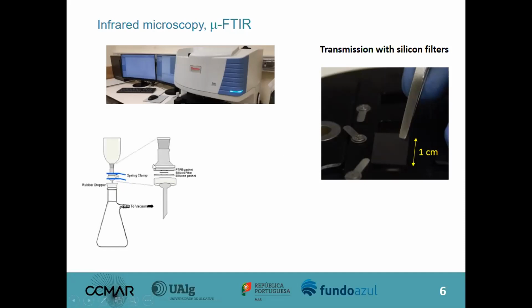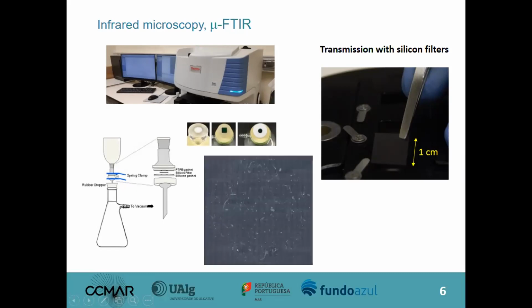Here you have the filtration kit, you have a container for water, and you have here a Buchner funnel. You have this fitting device. That's the bottom part of the fitting. Here you have the filter where you can put your filter and then a gasket, and then you set up and you can filtrate.